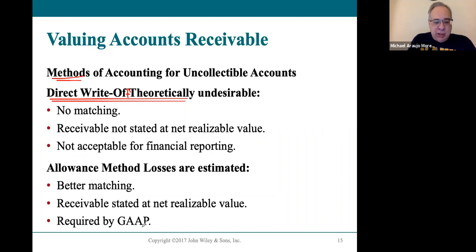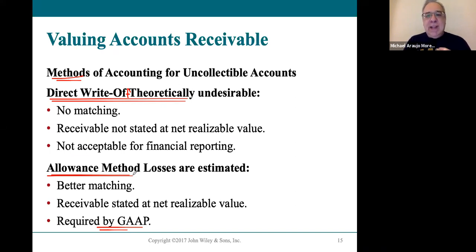For public corporations that have these financial reporting rules they have to go by, we call GAAP, they have to use a method called the allowance method. And as you'll see, the allowance method only allows them, no pun intended, to have a bad debt expense at the end of every fiscal period.